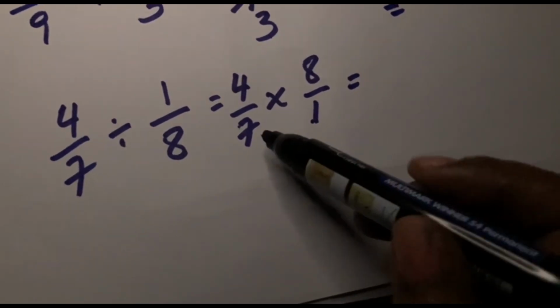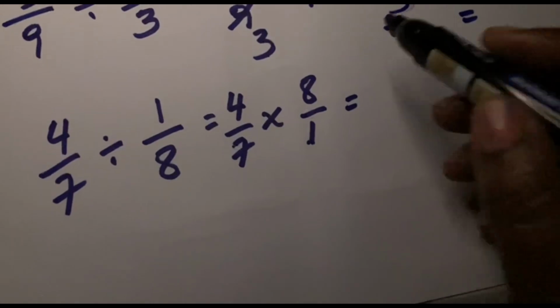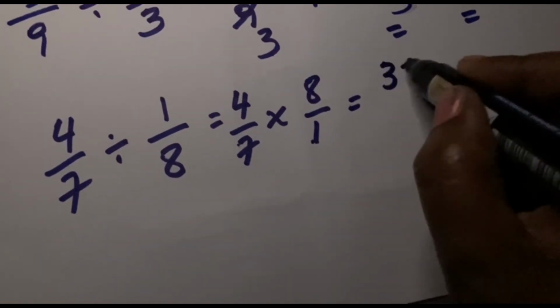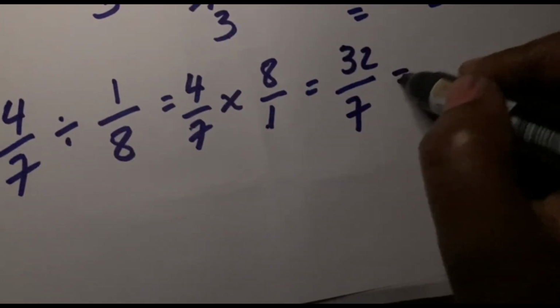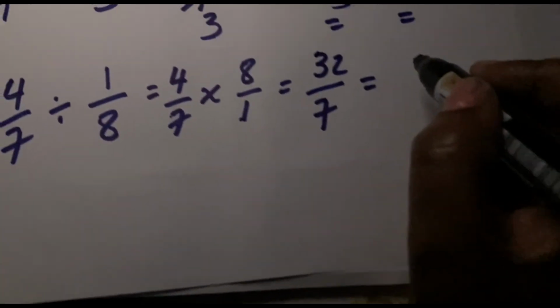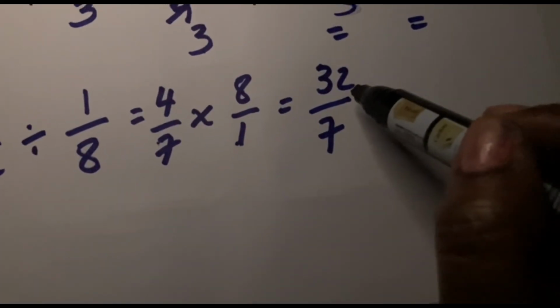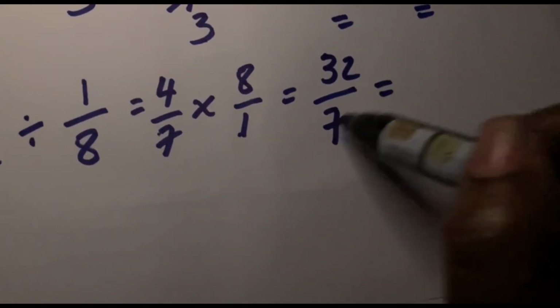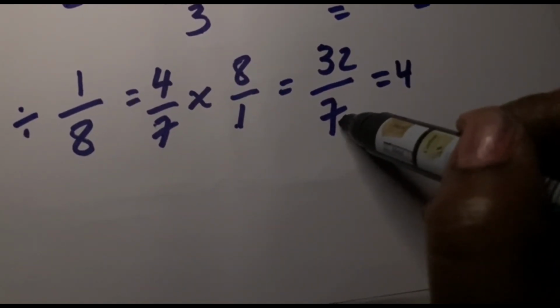Therefore, we just multiply across. 4 times 8 is 32. 7 times 1 is 7. Now 32 is much greater than 7, so we can put it into a mixed fraction. Divide 32 by 7, it is 4 times. 4 times 7 is 28.